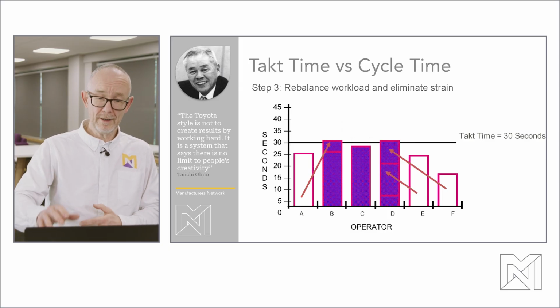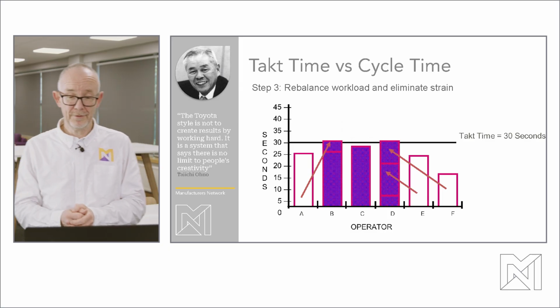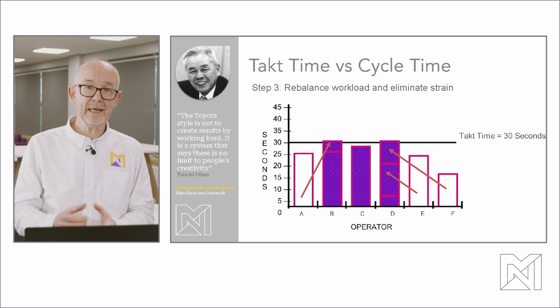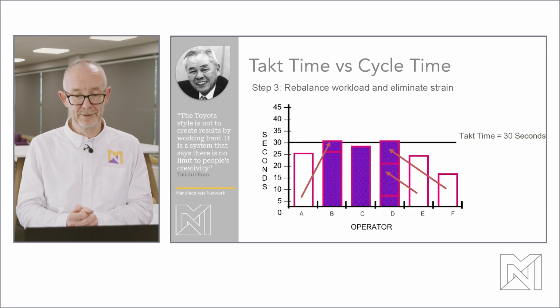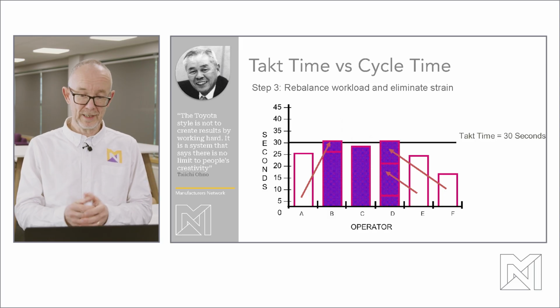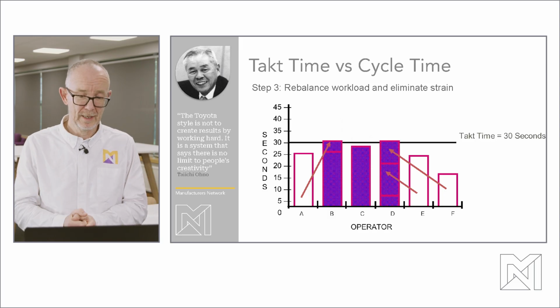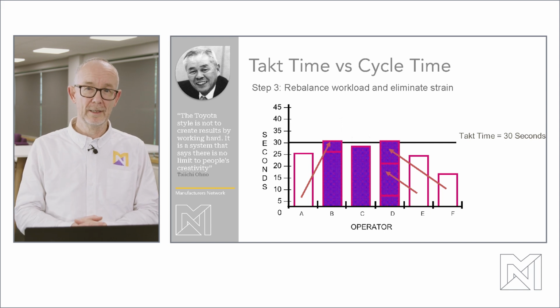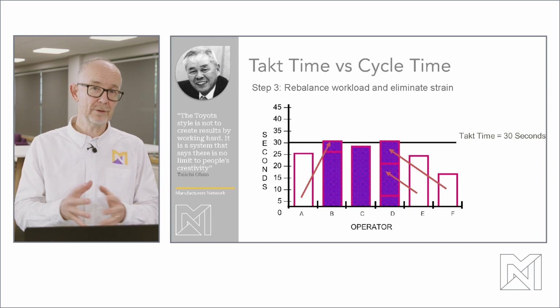And so on the third step here, the third slide of this sequence, you can see by reallocating the workload, combining operations, we can hit the takt time, 30 seconds, just about in this case. It is right on the edge, but we can see that it's possible to achieve the takt time with just 3 operators.